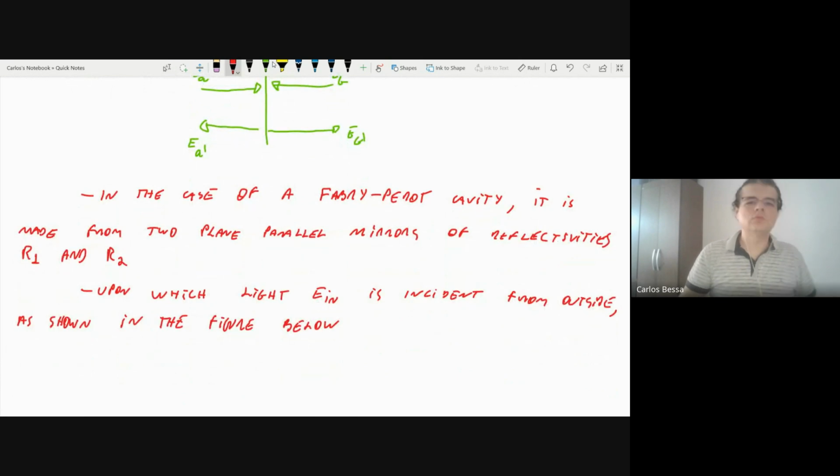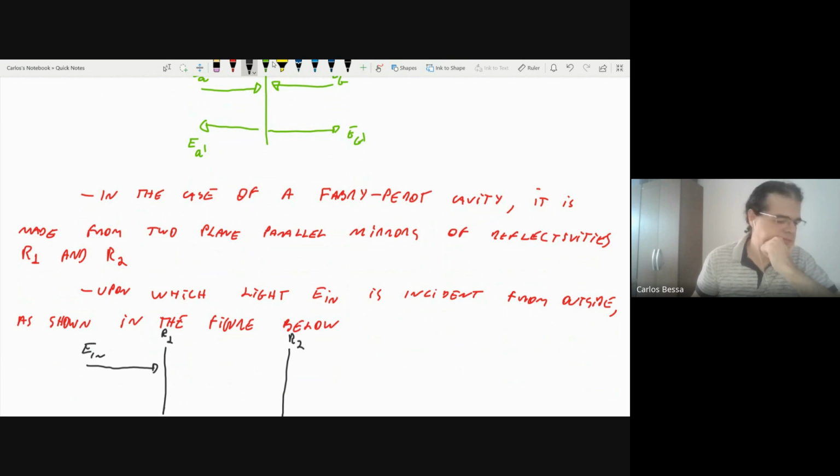Okay, so if I have two plane waves, R1 and R2, I have incident light here. I'll call it E in. This light will come here.